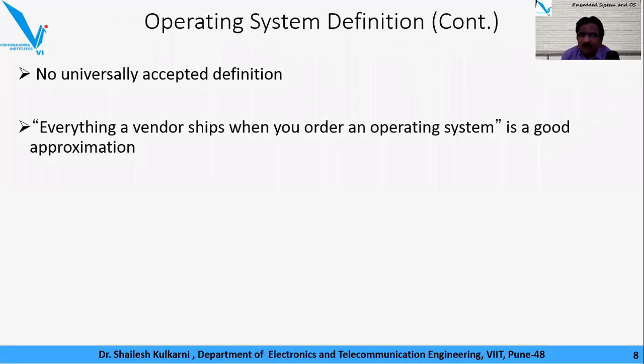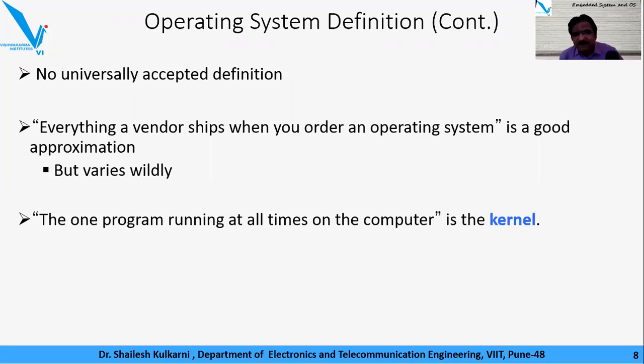That means the system software used for time management, memory management, task management, resource management, intertask communication and synchronization, maybe virtualization, all these aspects would be covered in the definition. So there is no universally accepted definition, and it varies widely according to the choice of usage, as we are seeing.